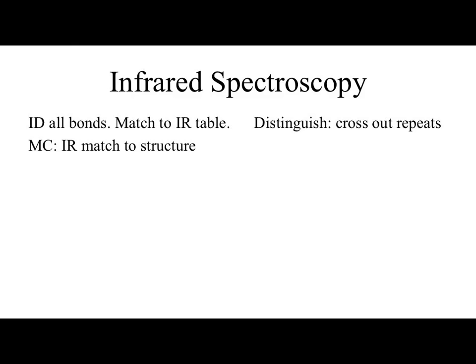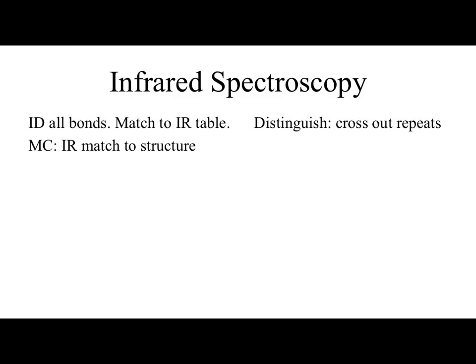Okay? The other way that you can see this is a multiple choice question. Given an IR spectrum, I can give you a multiple choice option of 4 or 5 structures. You would then analyze the IR spectrum with the IR table and match up the different frequencies to what bonds those would correspond to.